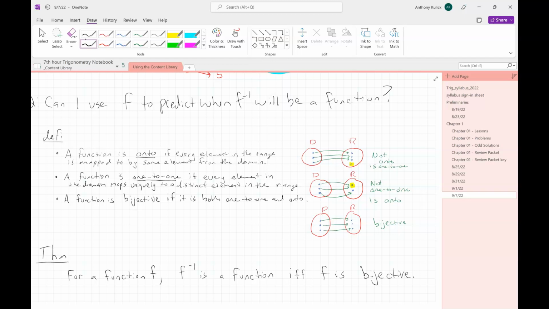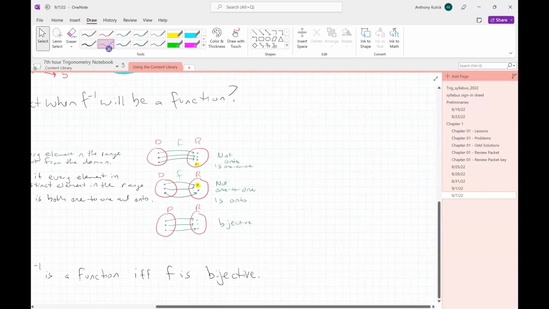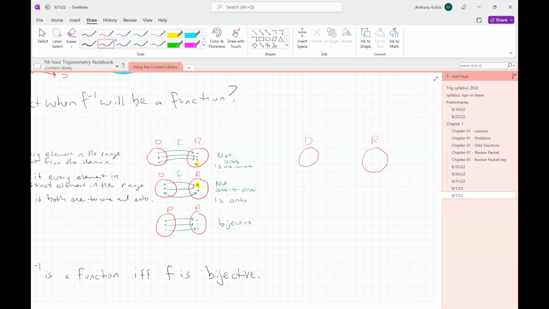Let's think about why it is a necessary condition to have both of those. So let's go back to these examples that we had up here. If I write its inverse, is that a function?